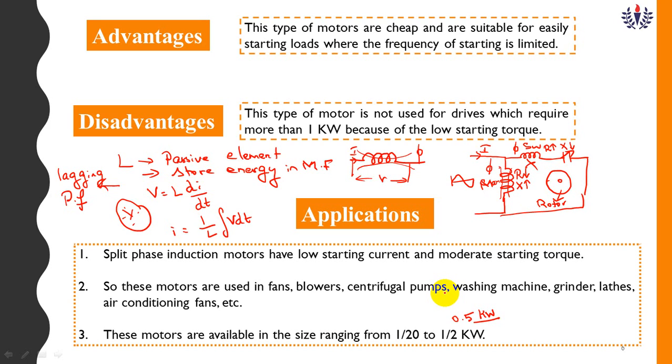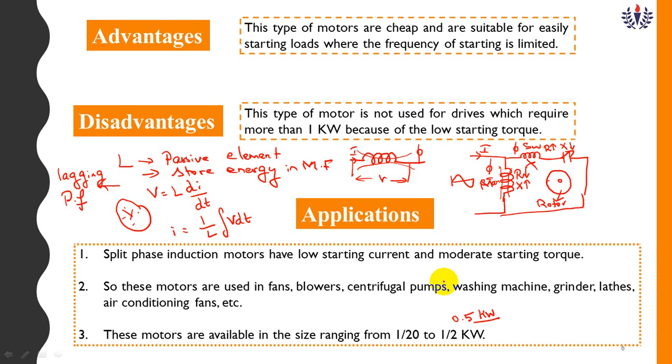Once that winding is disconnected, the one remaining flux makes the machine run continuously at the rated speed. Any doubts? This is known as the split phase induction motor.